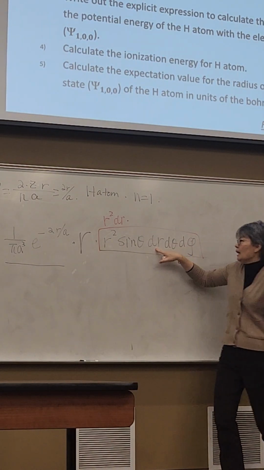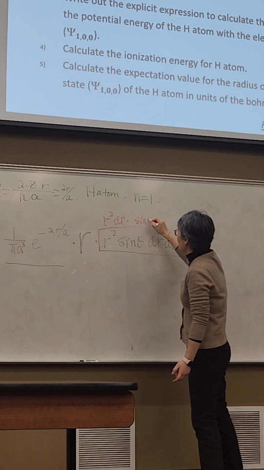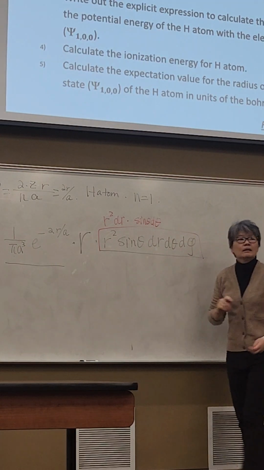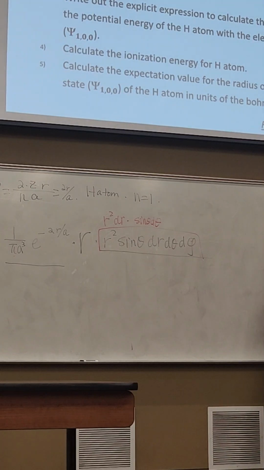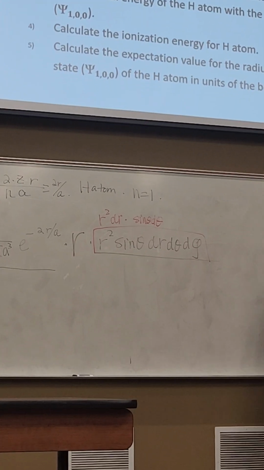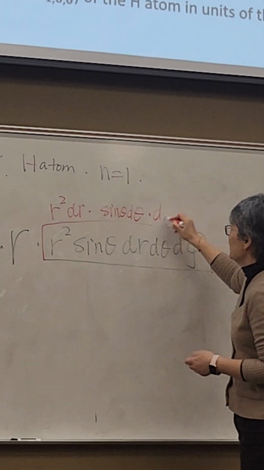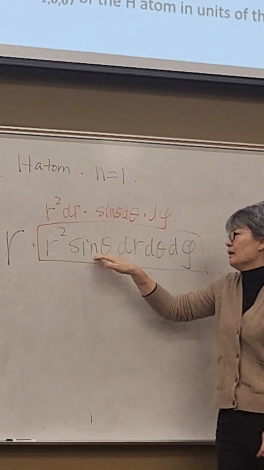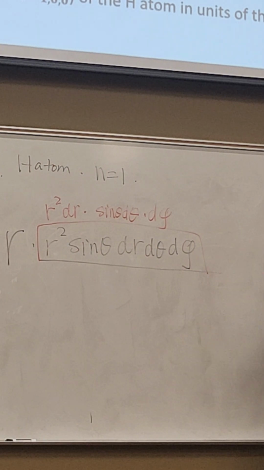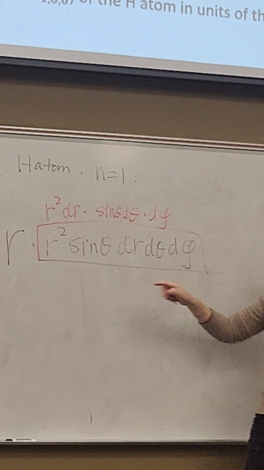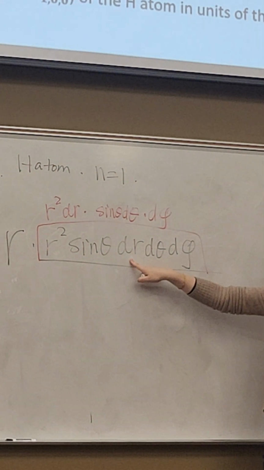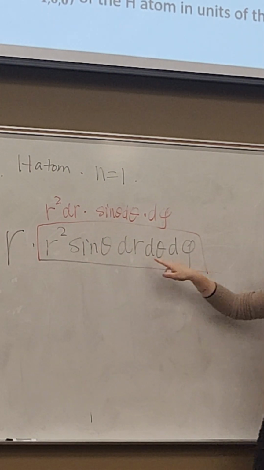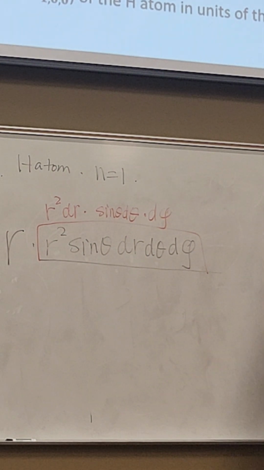What else? I have sine theta, d theta. Then I have the d phi term. Just separate them. Otherwise if I write r squared sine theta dr d theta, I just group them together with one variable. So r squared with respect to dr, sine theta, d theta, and d phi. That's your d tau.